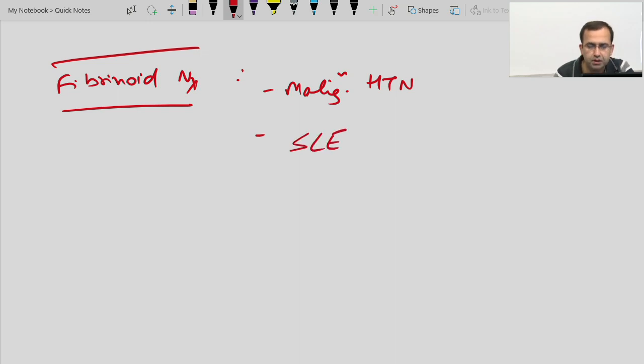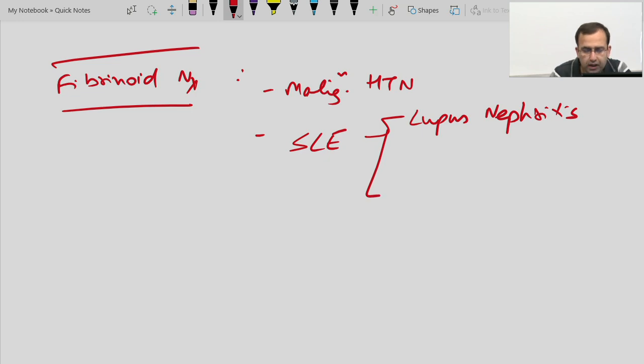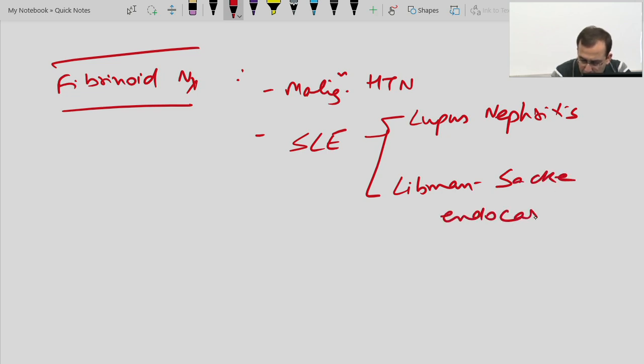Next is lupus, SLE, SLE affecting the kidney, called lupus nephritis, or SLE affecting the heart, that is Libman-Sacks endocarditis.